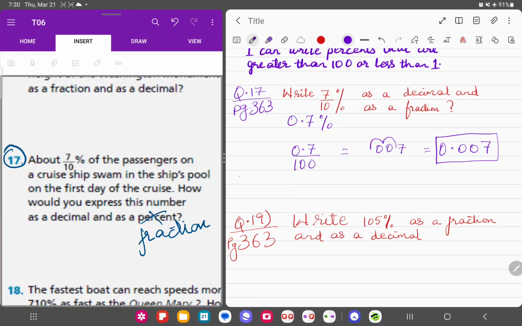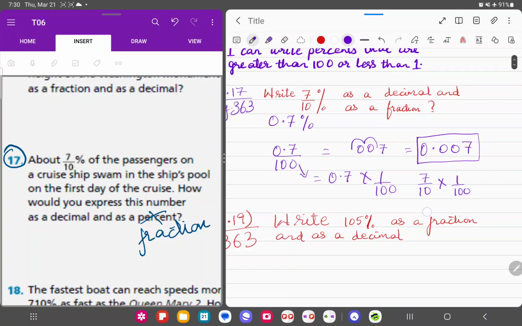So 0.7 over 100, I can write this as 0.7 times 1 over 100, correct? Because if you multiply this, you will still get 0.7 over 100, but I write it this way so that I can convert this 0.7 to 7 over 10, which it was initially, and then I multiply it with 1 over 100, correct?